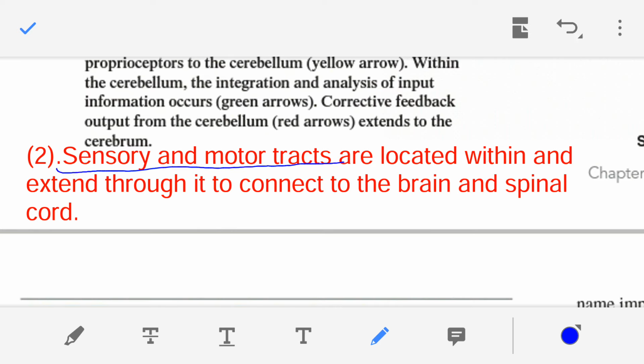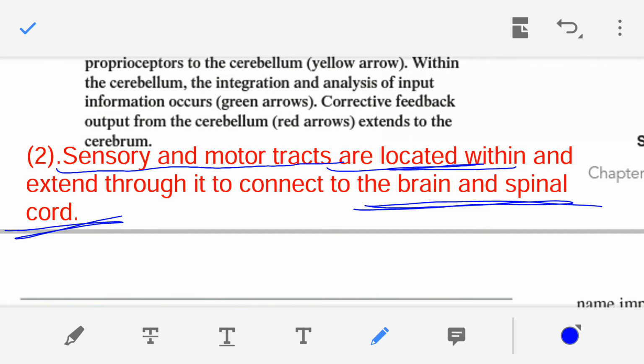Sensory and motor tracts are located within the pons, and these sensory and motor tracts run through the pons and connect the brain and the spinal cord.